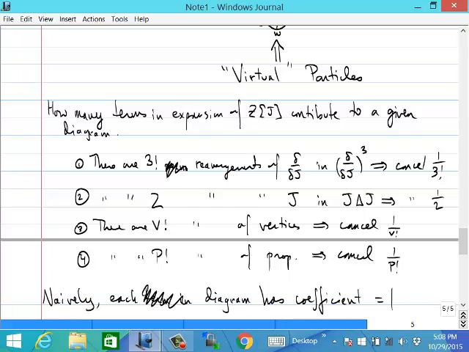Because the combinatorics of all the different ways that you could find a given term in the expansion of z is precisely canceled by those combinatorial factors that appeared in the expansion of z. You know, that's why I introduced that 1 over 3 factorial when I defined the coupling constant g.